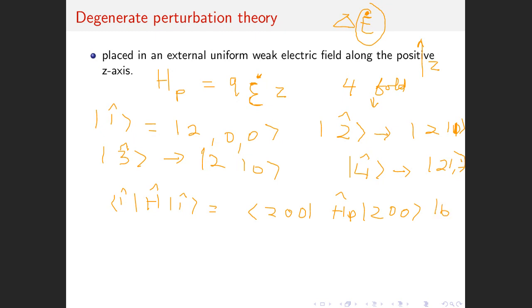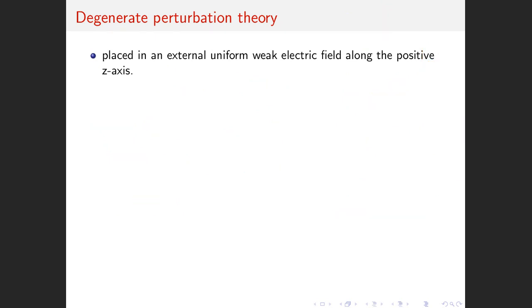However, for this problem, the best way to do this, if you are not sure about the arguments, is to go around and calculate all 16 matrix elements, but most of them will be 0. The reason for that, let me argue, is that if you look at the parity, whether the final integral will be even or odd.